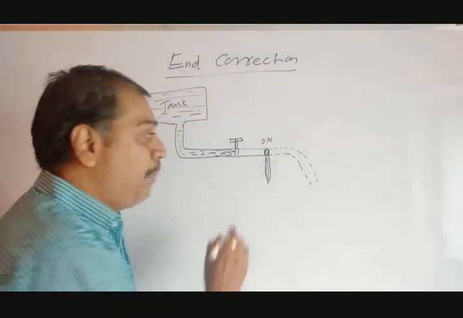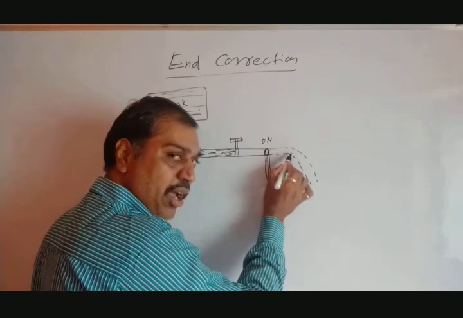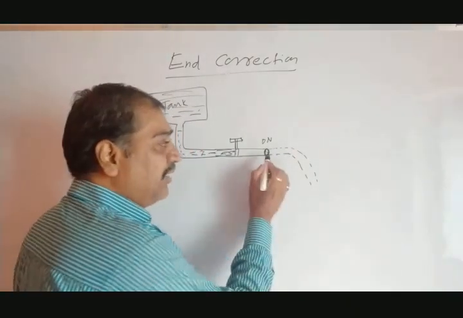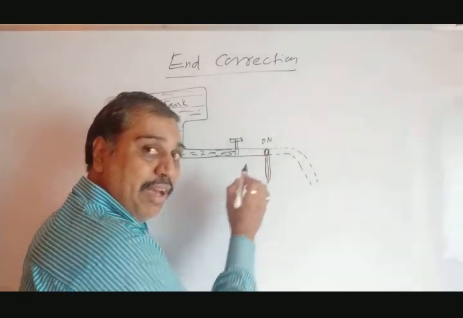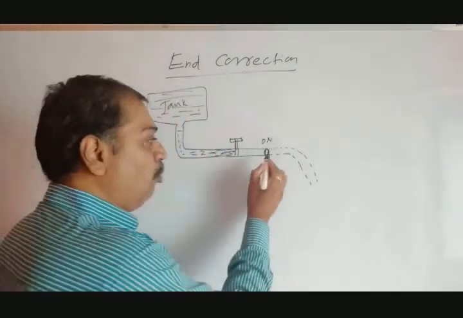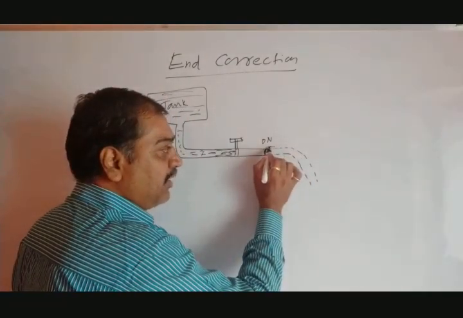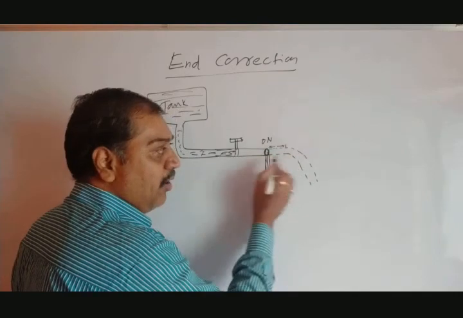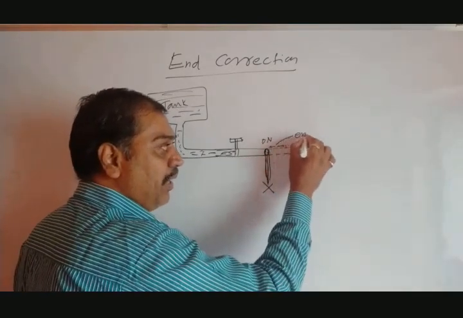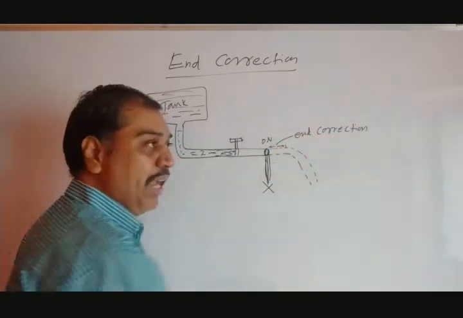The pipe ends here, still the water goes a little bit ahead, then falls down. Because of the force and pressure exerted by the water, it goes this much distance ahead of the end, and then falls down. And this distance is said to be end correction.